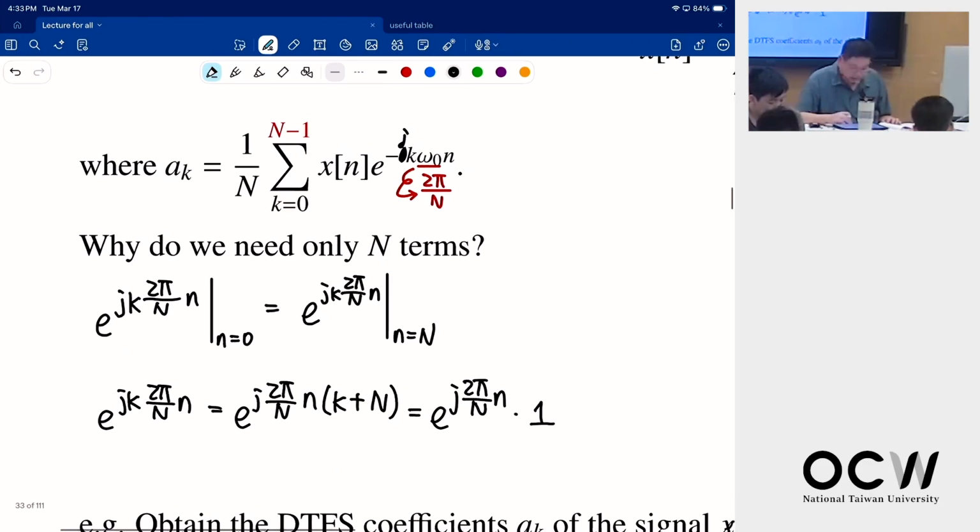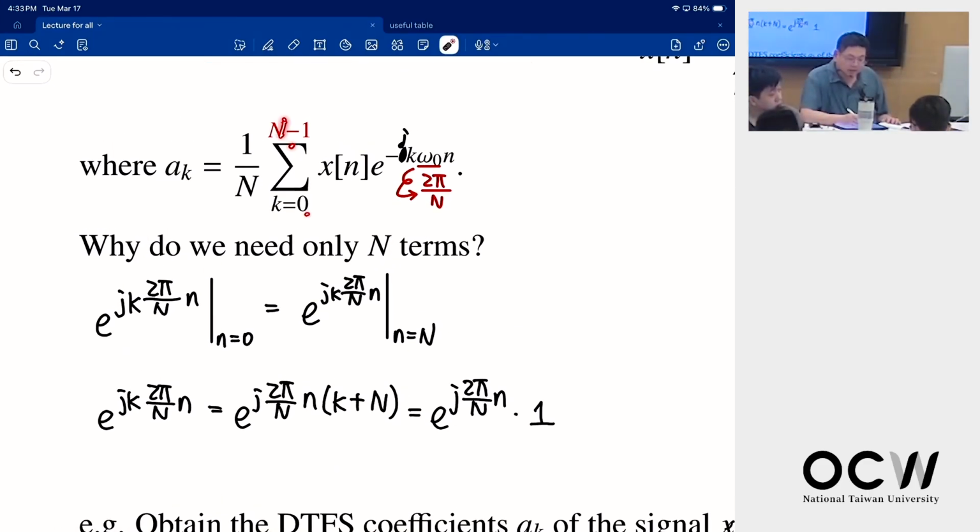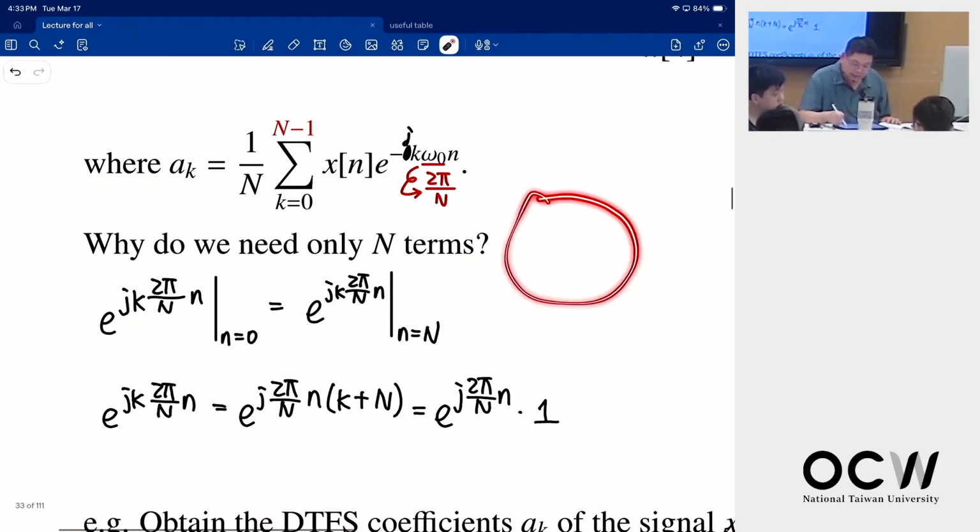So we do the summation from 0 to N minus 1, not N, because it cycles back to the original point.